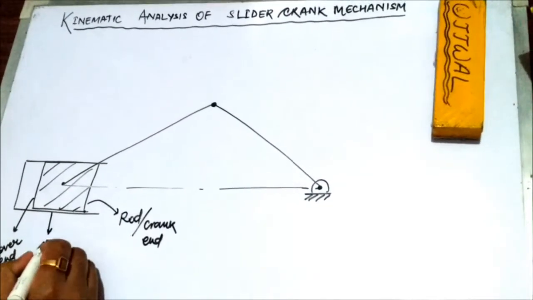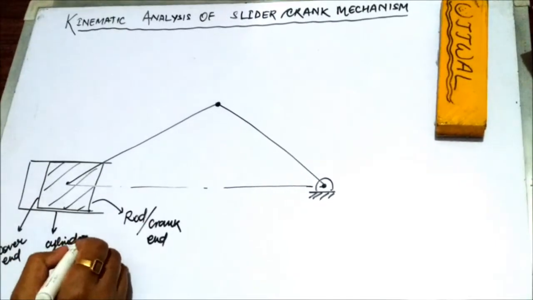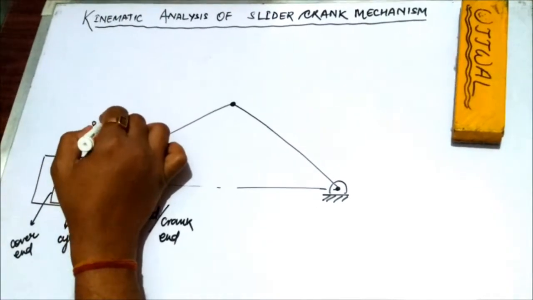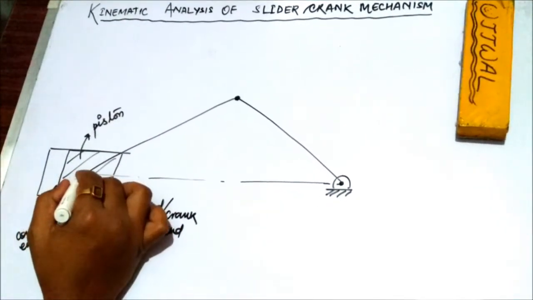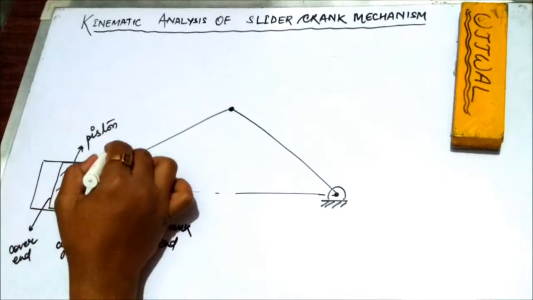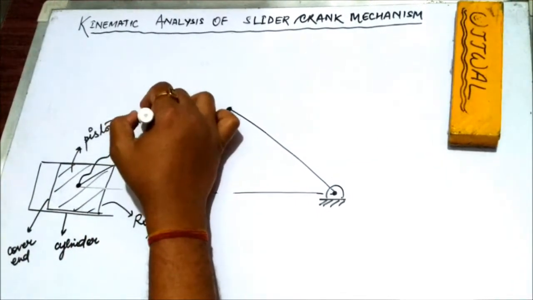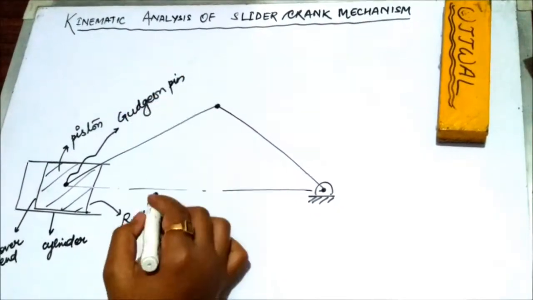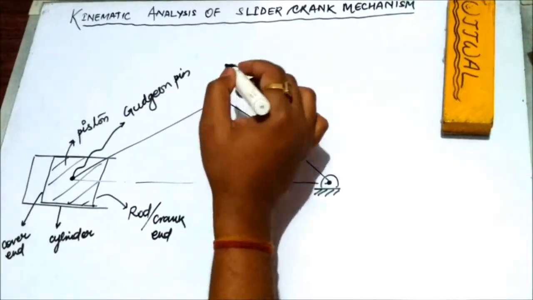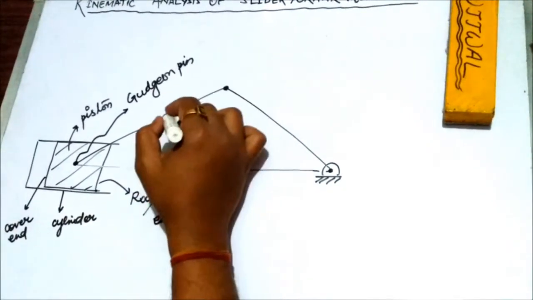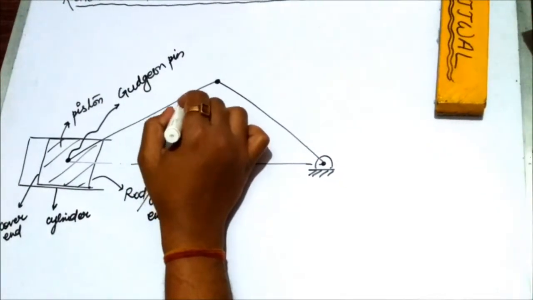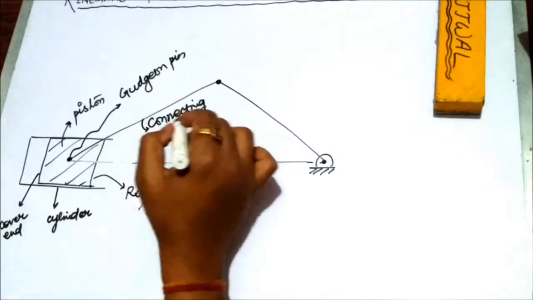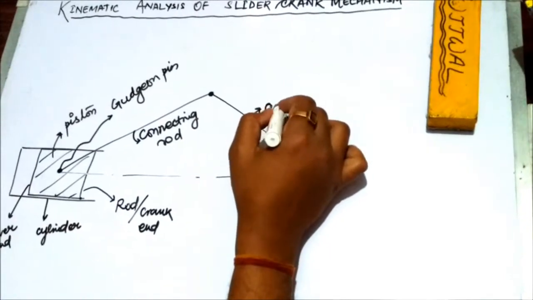This is the engine cylinder, as I told you earlier, and this is the link between the piston and connecting rod. There is a pin, we call it a gudgeon pin, and this is the connecting rod, and this is the crank.